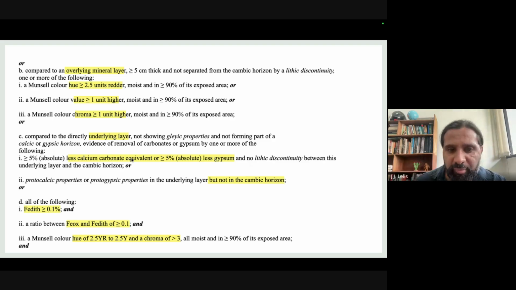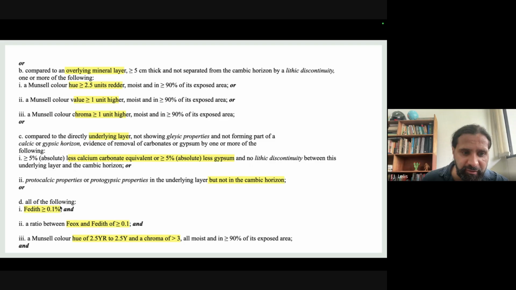So at least 5% less calcium carbonate or less gypsum than the underlying horizon, and no lithic discontinuity, showing that this cambic horizon is formed from the same material that you have below, but with weathering removing some of the calcium carbonate or gypsum. Or we have protocalcic properties or protogypsic properties in the underlying layer, but not in the cambic horizon. So again, no concentration of calcium carbonate, no concentration of gypsum.